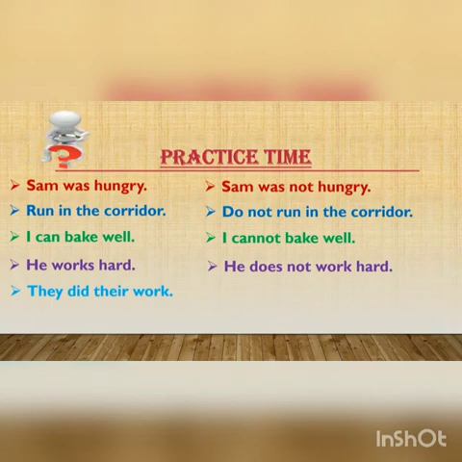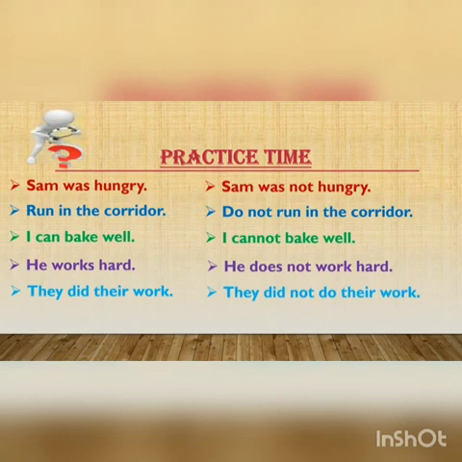You simply have to write did not. So your answer will be they did not. And what is the verb? I told you did will become do. So your answer will be they did not do their work. Hey, don't make that mistake. Don't think you just have to add not here. No, did not will come with the root form of the verb that is do.